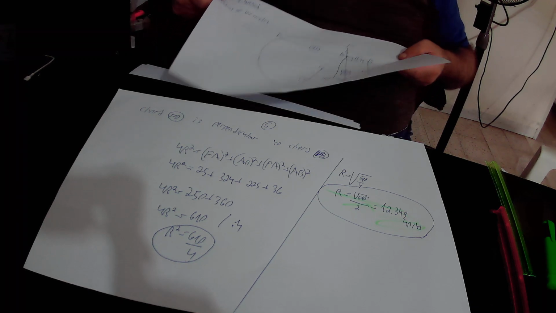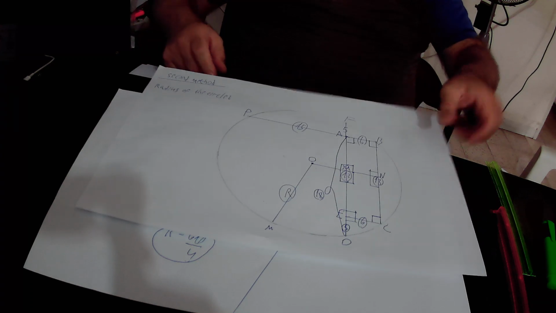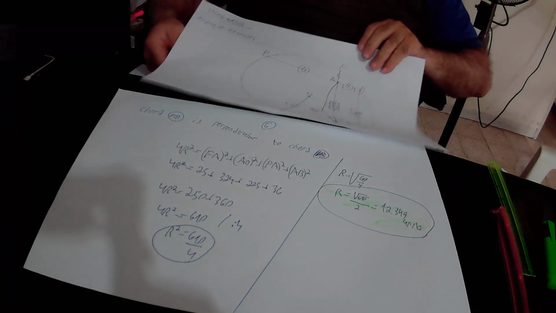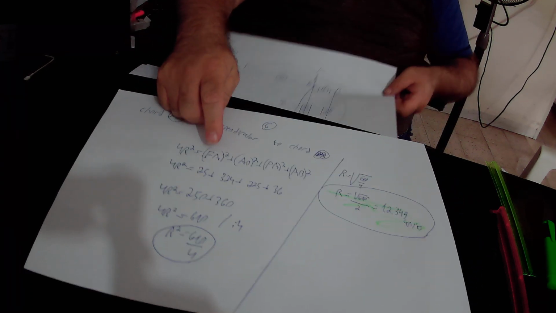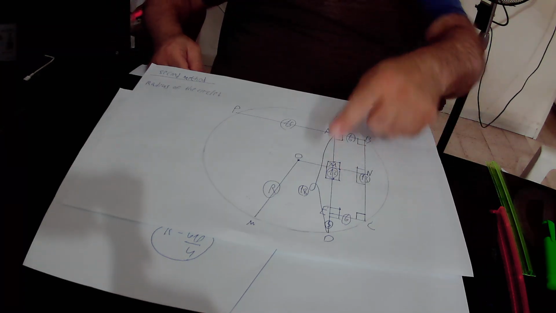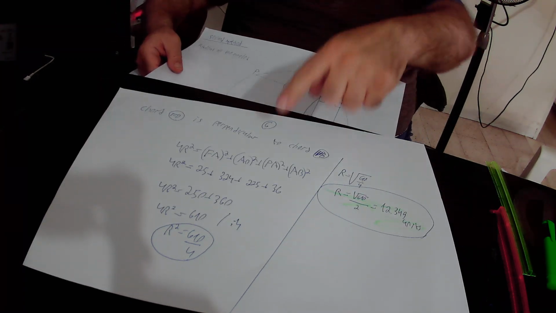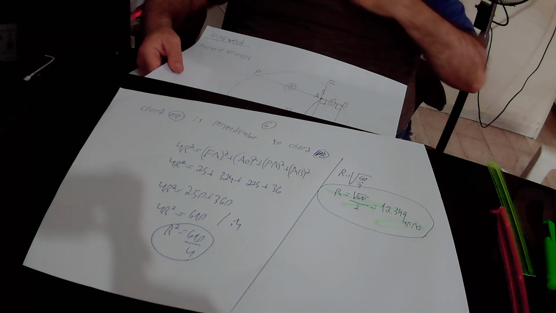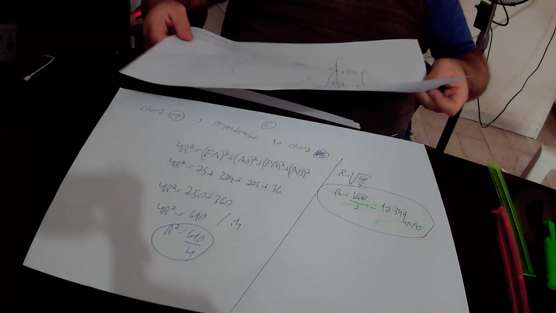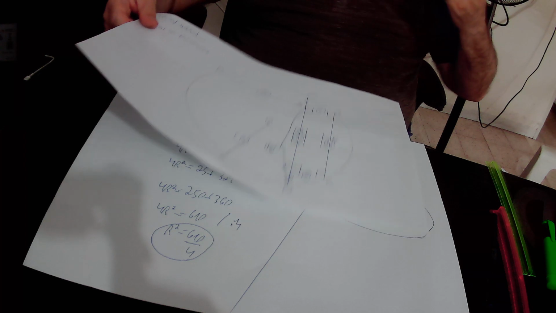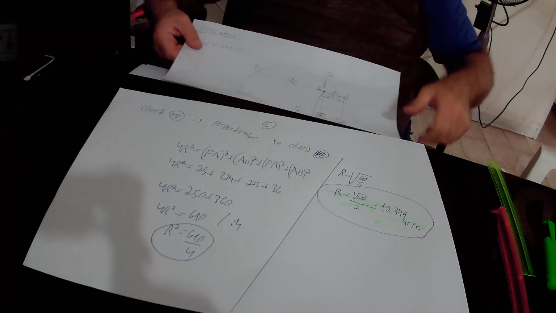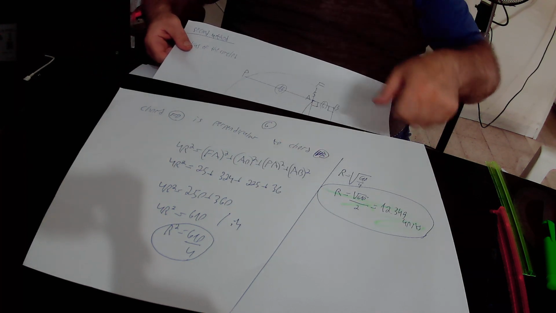So 4R squared equals FA squared. FA equals 5, therefore FA squared equals 5 squared, that is 25, plus AD squared. AD equals 18 units, so AD squared is 18 squared, that is 324, plus PA squared. PA equals 15 units, so PA squared is 15 squared, that is 225, plus AB squared.